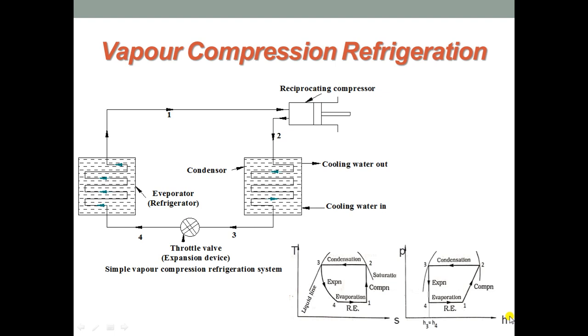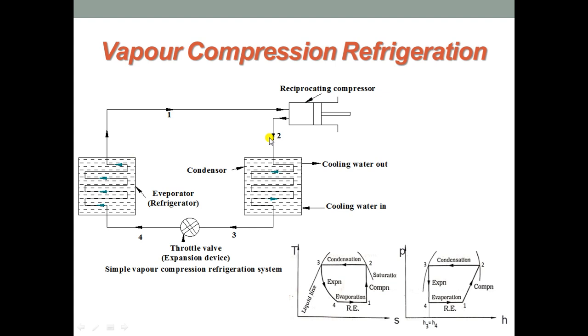We are going to analyze a vapor compression refrigeration cycle considering three special cases. The state of refrigerant at the compressor inlet depends on heat absorbed during the evaporation process.